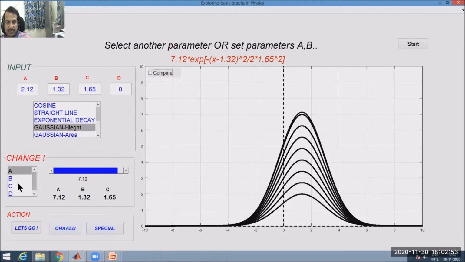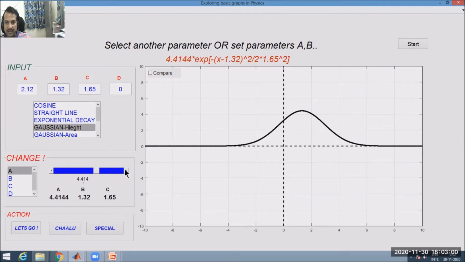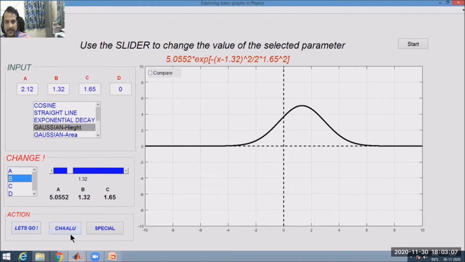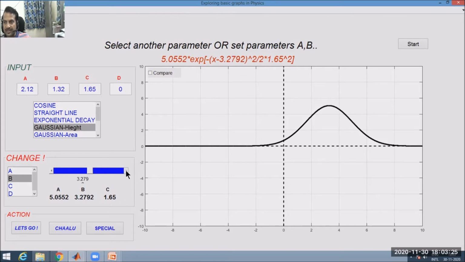Now let us take the parameter B. Before going there, let us fix this parameter A at some point. Let me put it at 5, and then see what happens with B. I'm increasing the parameter B. Presently it is 1.95, 2.58, 3.216, and then let me increase it continuously.